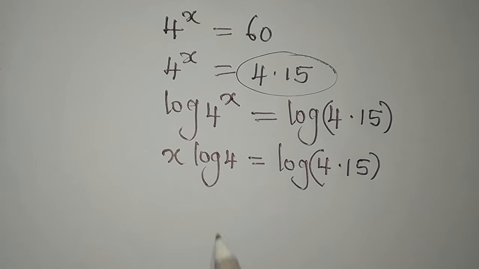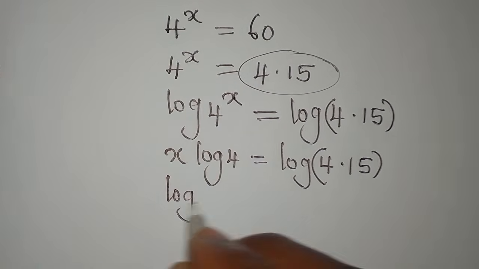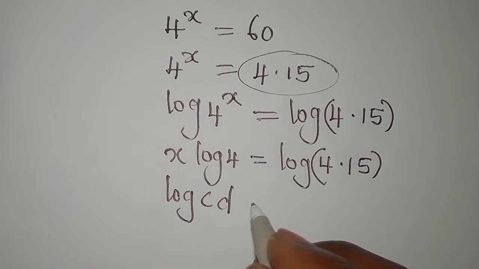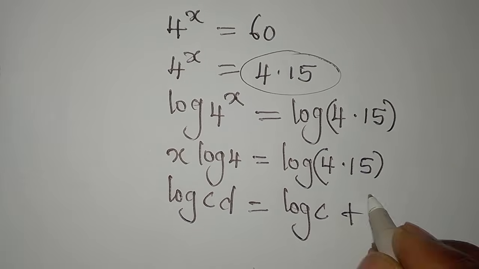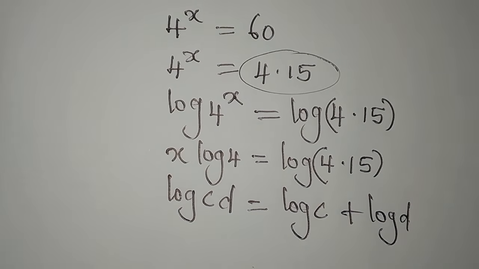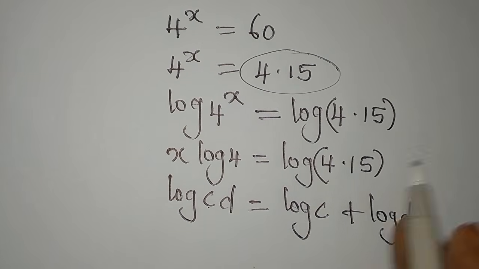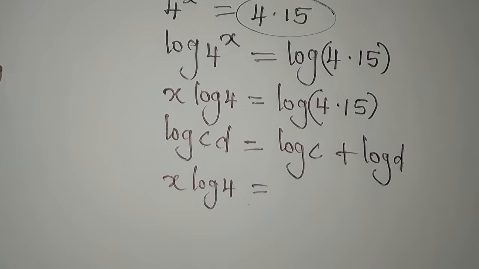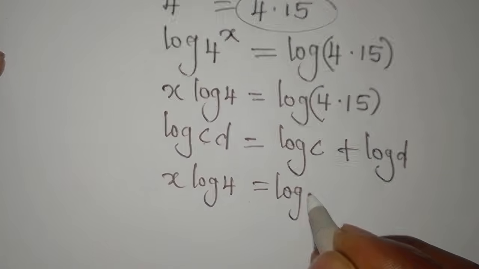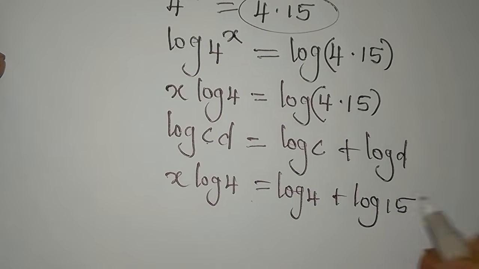Then the next point is to work on this. If you have log CD, this is the same thing as log C plus log D, because this is multiplication. So we're going to apply the same thing here, and we'll have x log 4 to be equal to log 4 plus log 15.